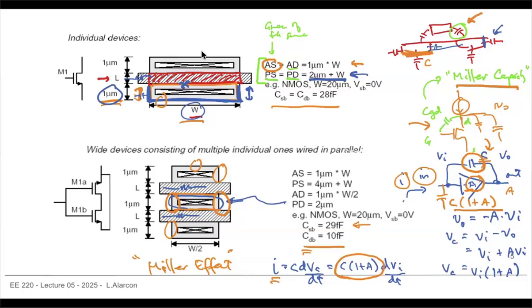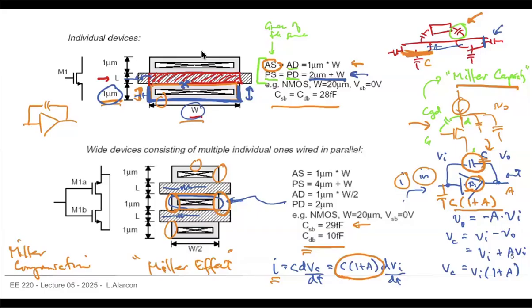Any questions here? Hopefully we've heard of the Miller effect before. This is the reason why, when we talk about feedback and Miller compensation, it's a different thing, but it uses the same effect. Miller compensation is: I have an amplifier and I want to add a pole.